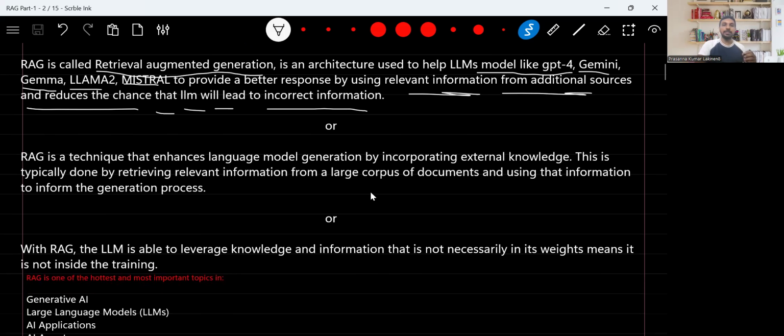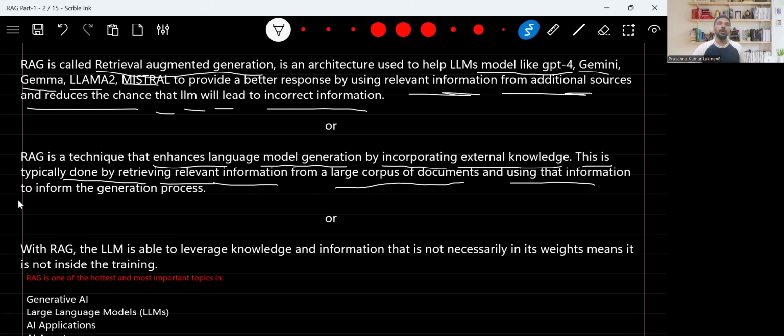I will explain that in a couple of minutes. One more definition: RAG is a technique that enhances language model generation by incorporating external knowledge. This is typically done by retrieving relevant information from a large corpus of documents and using that information to inform the generation process.